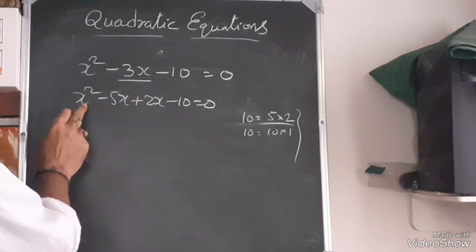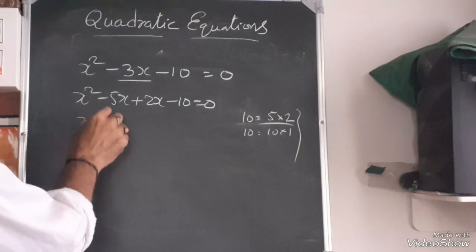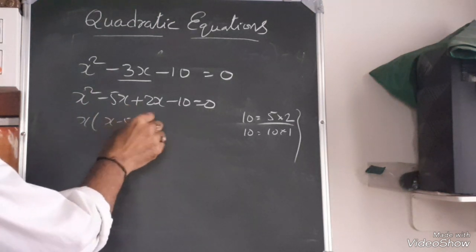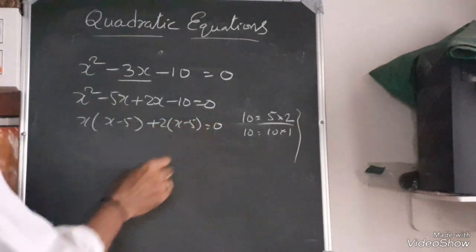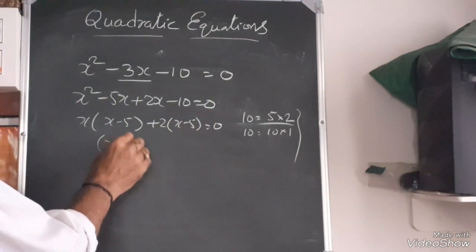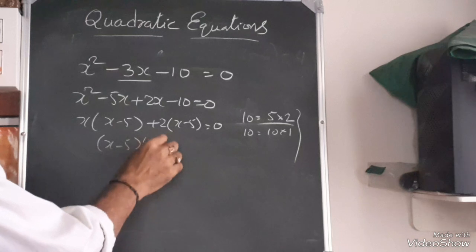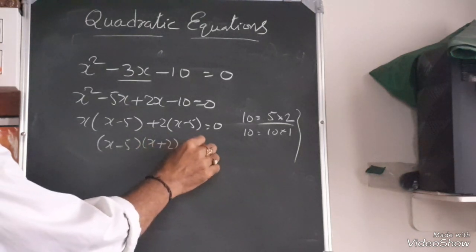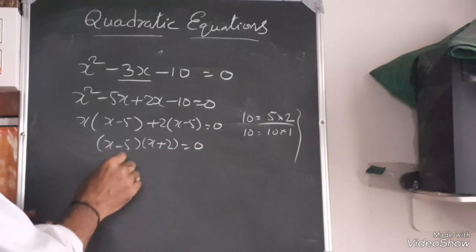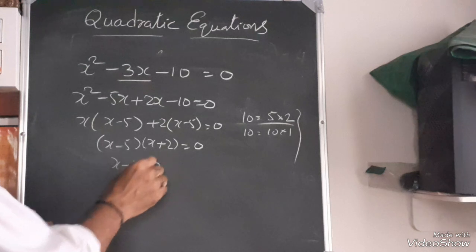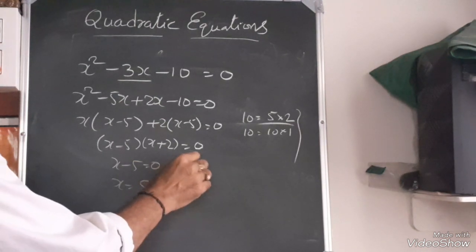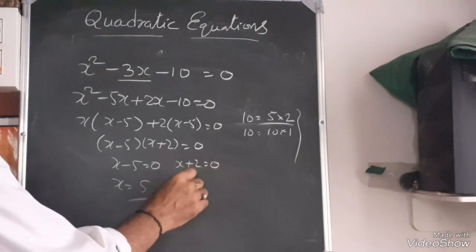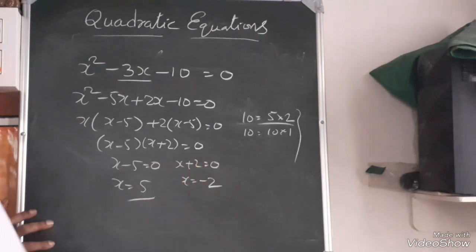Is it? Now if you take x as common, x minus 5, plus 2 as common, x minus 5 equal to 0. Then x minus 5 into x plus 2 equal to 0. So if x minus 5 is 0, x equal to 5. If x plus 2 equal to 0, x equal to minus 2.